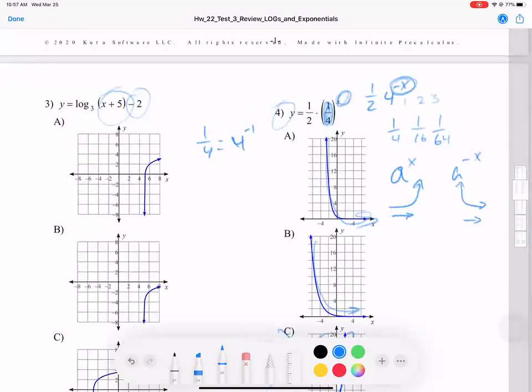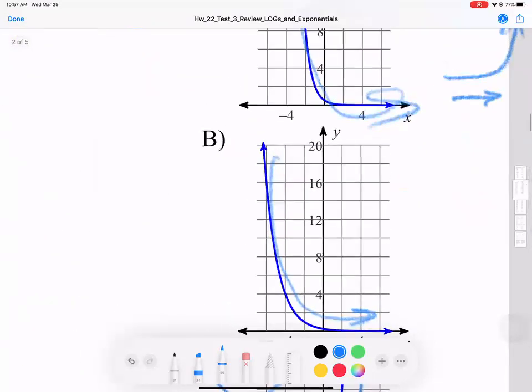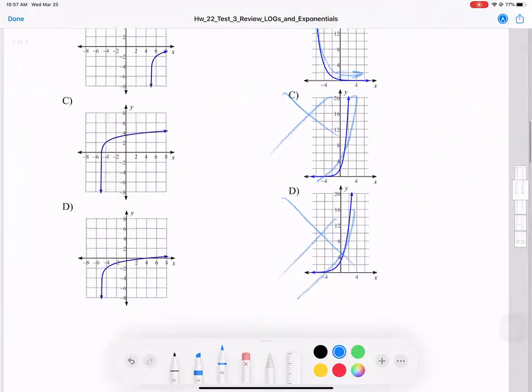And 1/2 of 1 is 1/2. Now, which of these look like 1/2 better? If this is 2, this is 1, that's 1/2. That looks pretty good. This is 2, this is 1, and that's a little too small. That looks more like a quarter. So we can probably figure out which one that is.